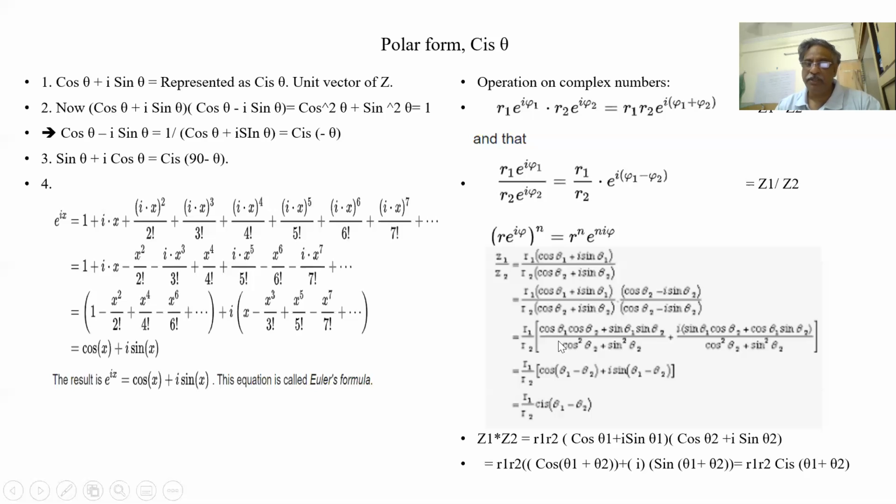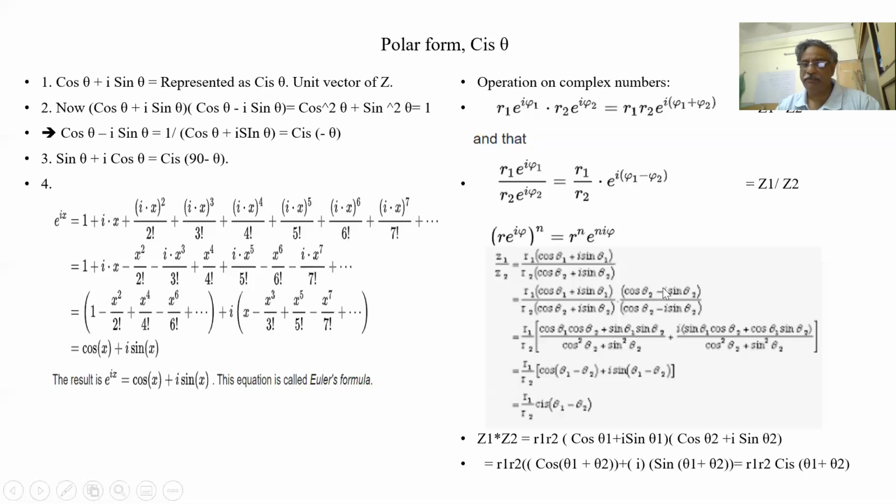On top we are getting cos A cos B plus sin A sin B. This is cos of A minus B, plus i into sin A cos B minus cos A sin B, which is sin of A minus B, because it is sin theta 1 cos theta 2 minus sin theta 2 cos theta 1.